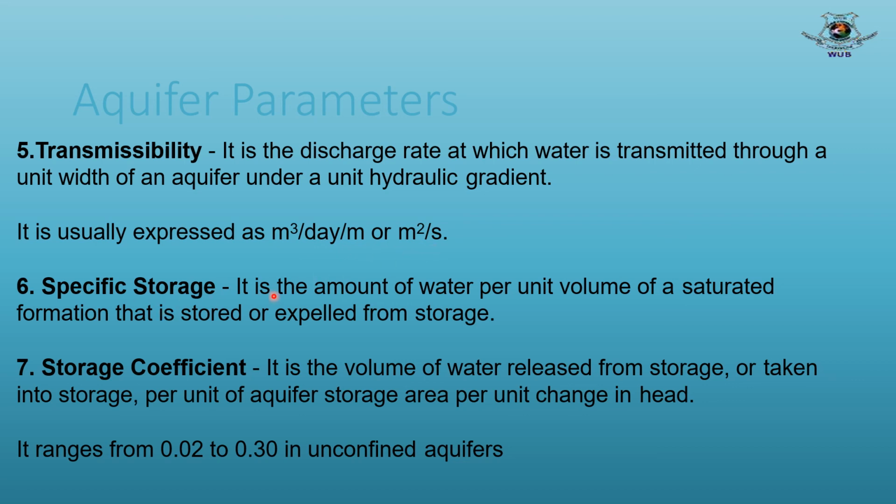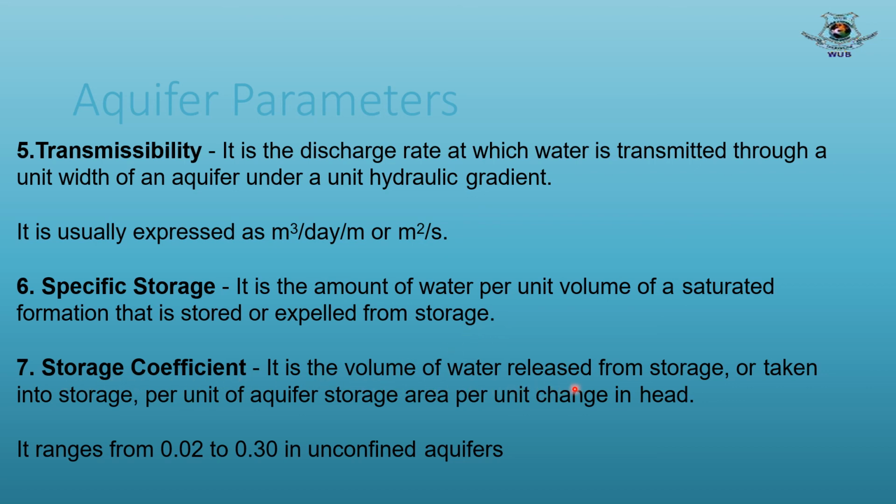Specific storage. It is the amount of water per unit volume of a saturated formation that is stored or expelled from storage. In another way, it is the amount of water that can be stored in a unit volume of aquifer material. Storage coefficient.